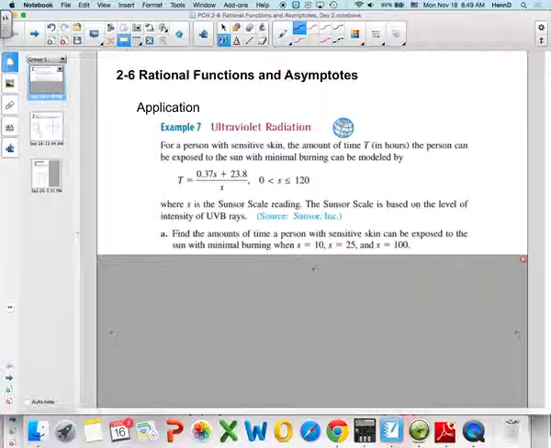Let's break down the labor here. How about if you guys do 10, and you guys can do 25, and you guys can do 100? So take a moment and let's figure out how much time someone could stay out when the intensity is those different values.